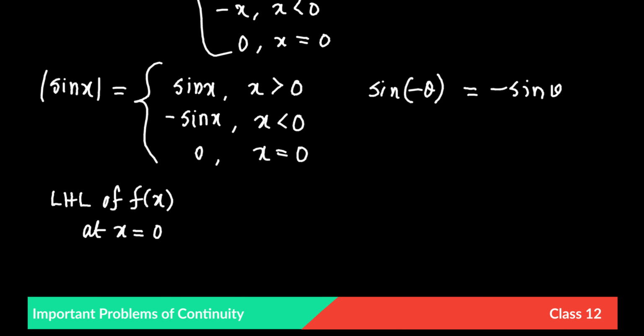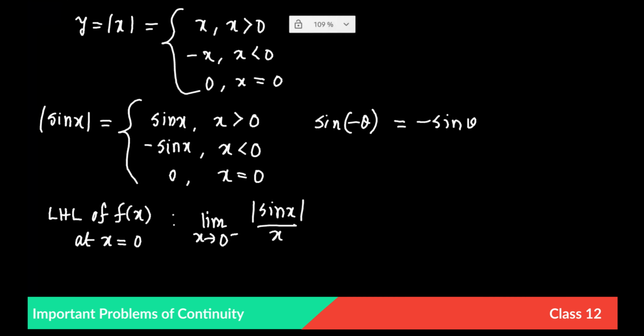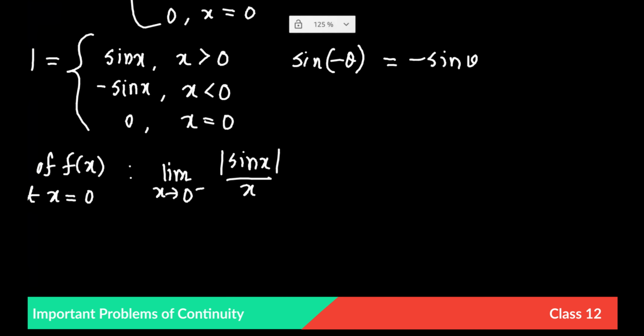It is the limit as x tends to 0 minus of mod sin x by x. X tends to 0 minus means x is less than 0.